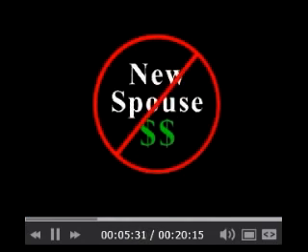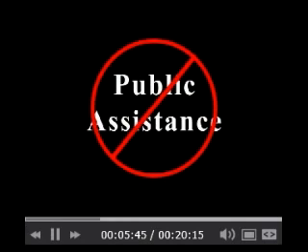The income of a new spouse of a parent is not factored into the calculation except to assist with determining the correct tax filing status of the party, or in some extraordinary circumstances. Child support, public assistance, and SSI benefits received cannot be considered as income. Other benefits, such as unemployment benefits, disability, and Social Security retirement, can be considered as income.